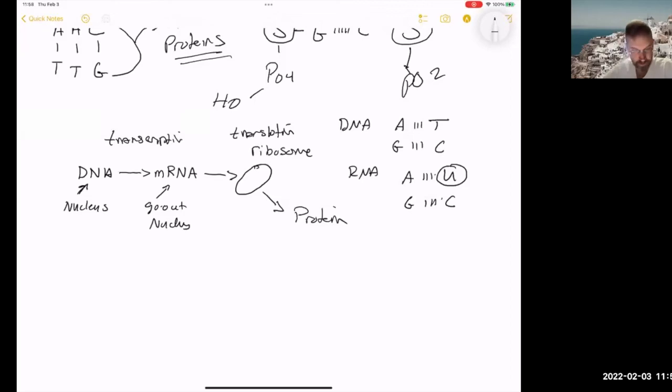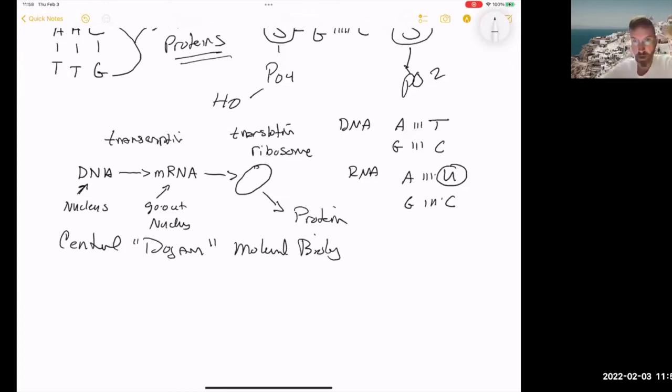Yes, sir. And this is sometimes referred to as the central dogma of molecular biology. And we say dogma somewhat sarcastically, right? Because there's really not such a thing as dogma in science, like we talked about yesterday.